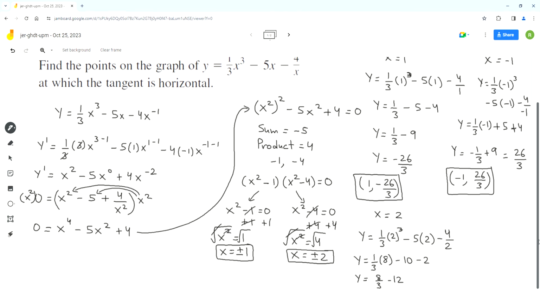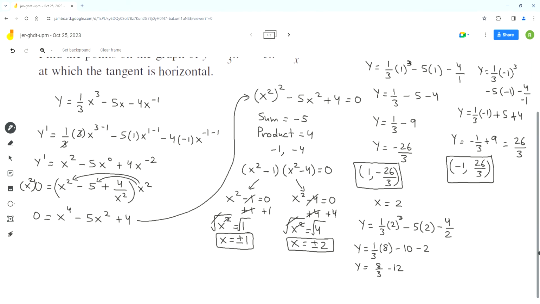Now we can combine these terms. For that we can find a common denominator, which is 3. The denominator of 12 is 1, so we multiply the numerator and the denominator by 3. So we get y equals 8 minus 36 over 3, which is equal to negative 28 over 3. So the third point is 2, negative 28 over 3.